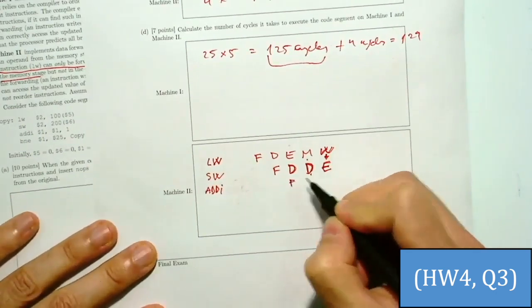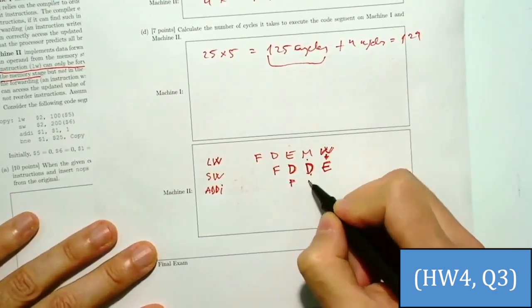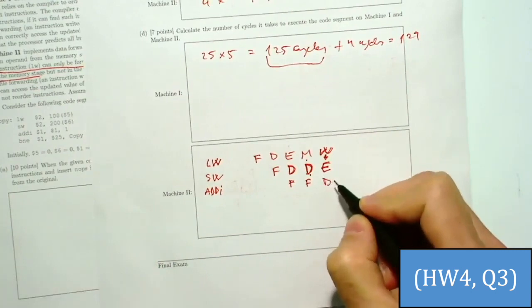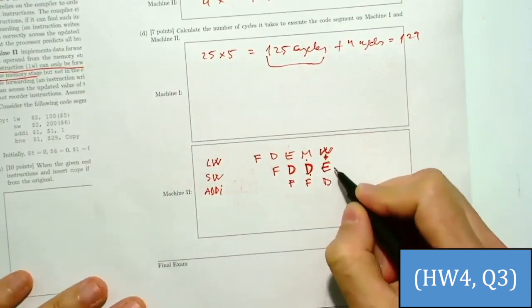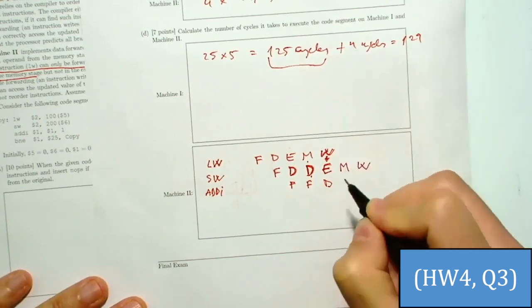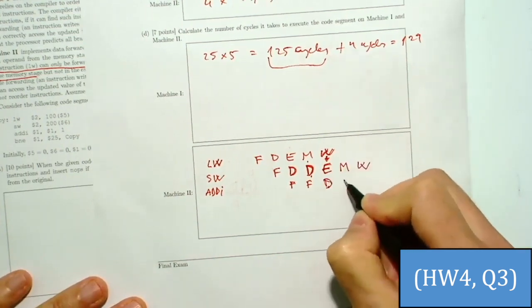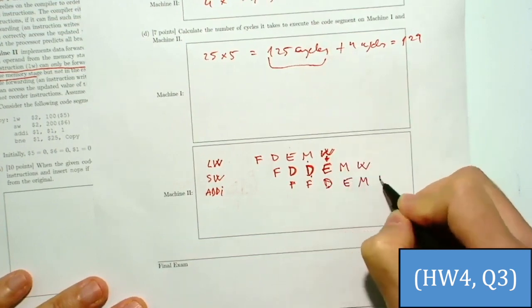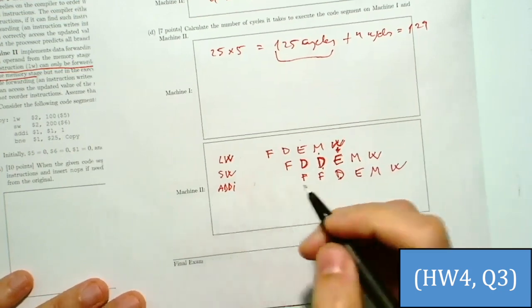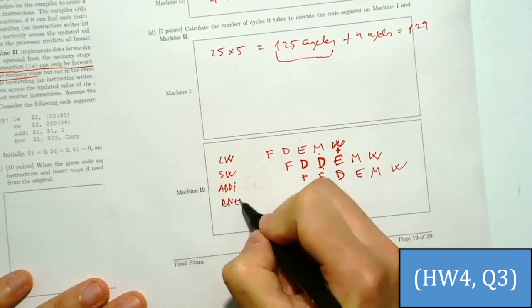Basically, we fetch the addition. We have to wait because the decode stage is occupied. And then decode. Well, here I missed the other stages. Decode, execute, memory, write back.